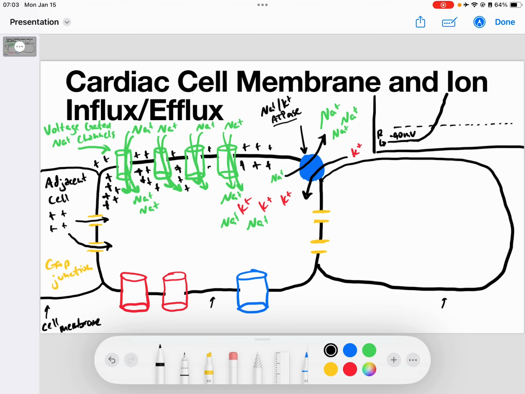And at the same time, these potassiums that are inside, these channels start to open up a little bit. And so we start getting a little bit of potassium coming out. And at the same time, we've got voltage gated calcium channels.